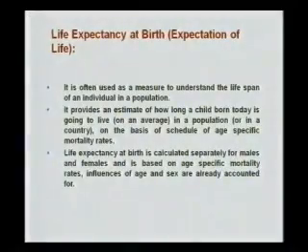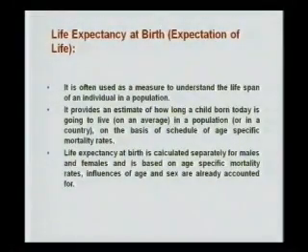Life expectancy at birth is calculated separately for males and females because their risk of dying is different. Males are at a higher risk of dying than females because of certain built-in mechanisms that don't allow men to live longer, especially under conditions when proper health care is provided.